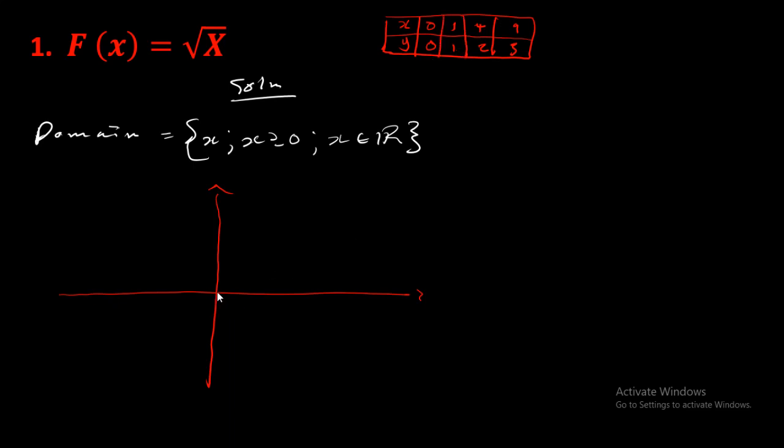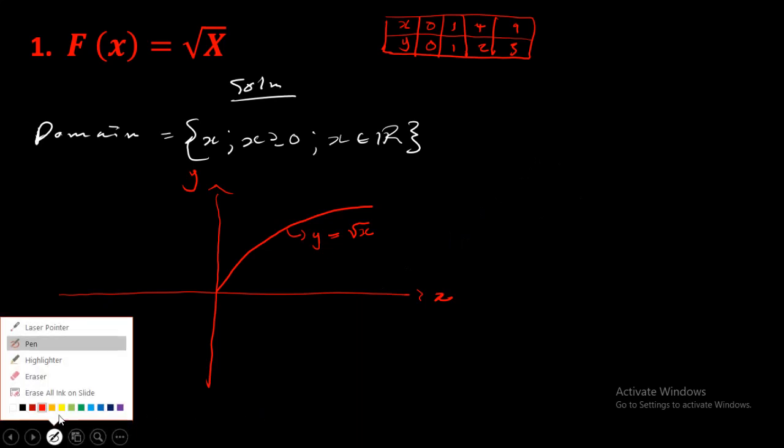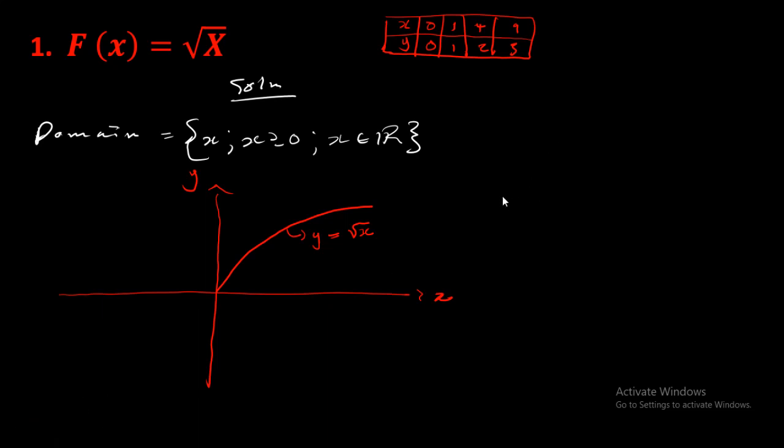If we were to sketch the graph, it will normally behave in that manner. This graph which I have just sketched is y equals square root of x. If you look at the range, the y-values, the range in this case is greater than or equal to 0.